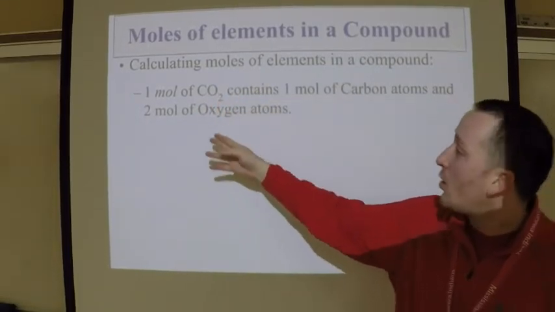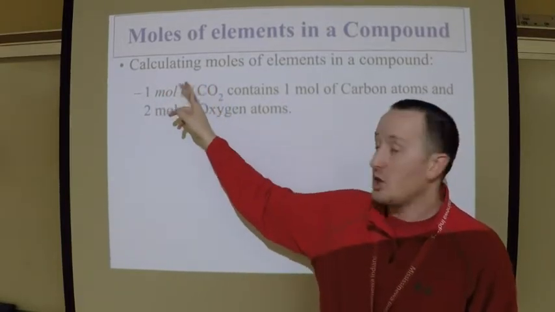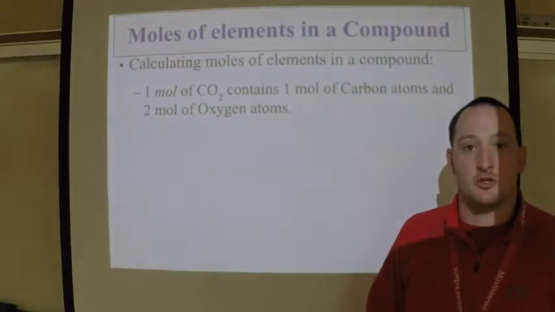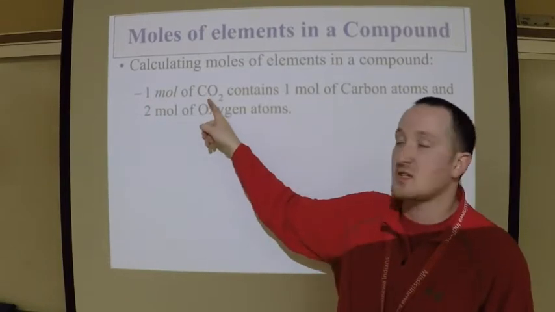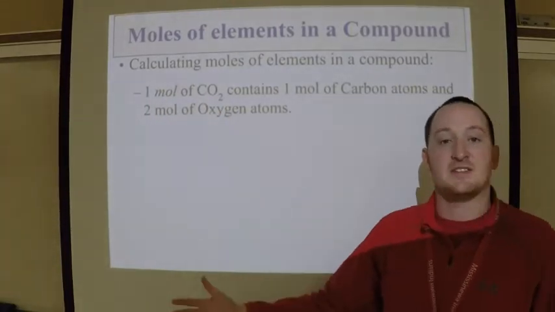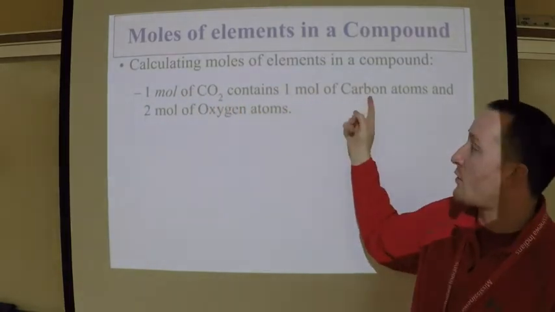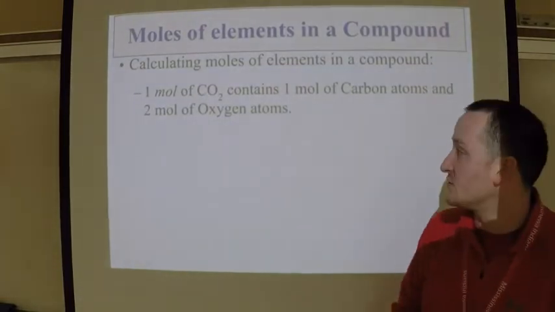Basically, whatever your mole amount is of your substance, you take that number and multiply it by the subscript of the element that you're trying to find. So since I have 1 mole of CO2, if I do 1 times the subscript of carbon, which is 1, that's how many moles of carbon I have. But if I do 1 times 2, that gives me my 2 moles of oxygen.